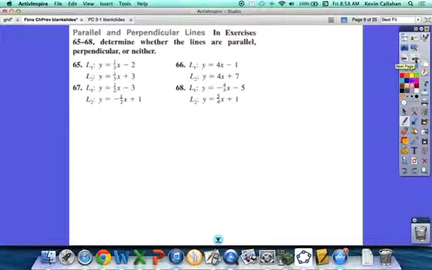Okay, parallel and perpendicular lines. We just have to know, and that's why I direct you to these problems in particular, what do we know about the slopes of parallel lines? They are the same. If you have 2 lines that never intersect, then they must be going up and over exactly the same. Rise over the run is exactly the same. So parallel lines have the same slope.